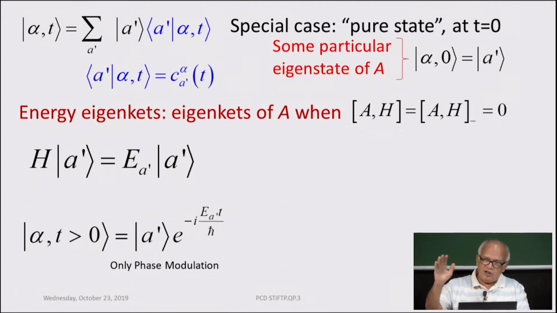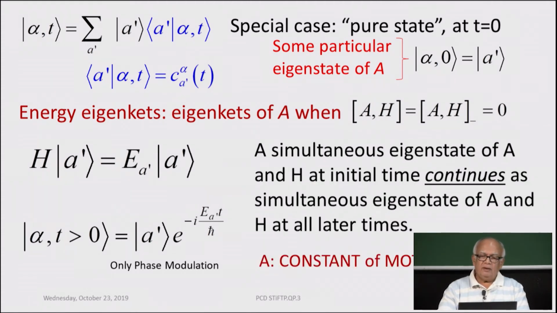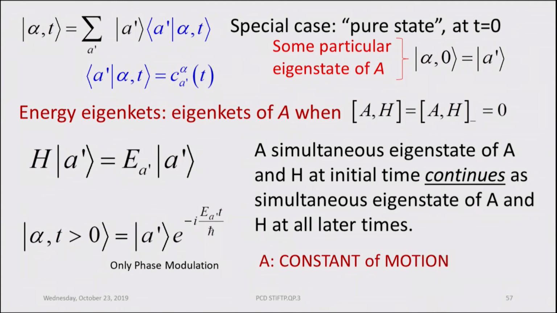There is only phase modulation, and if it is an eigenstate of some operator, some measurement which is compatible with the measurement of energy, corresponding to an operator which commutes with the Hamiltonian, then it will continue to be a simultaneous eigenstate of the Hamiltonian and that measurement. So, it will remain in that. So, it becomes a constant of motion, right. So, this is what is true for a pure state.